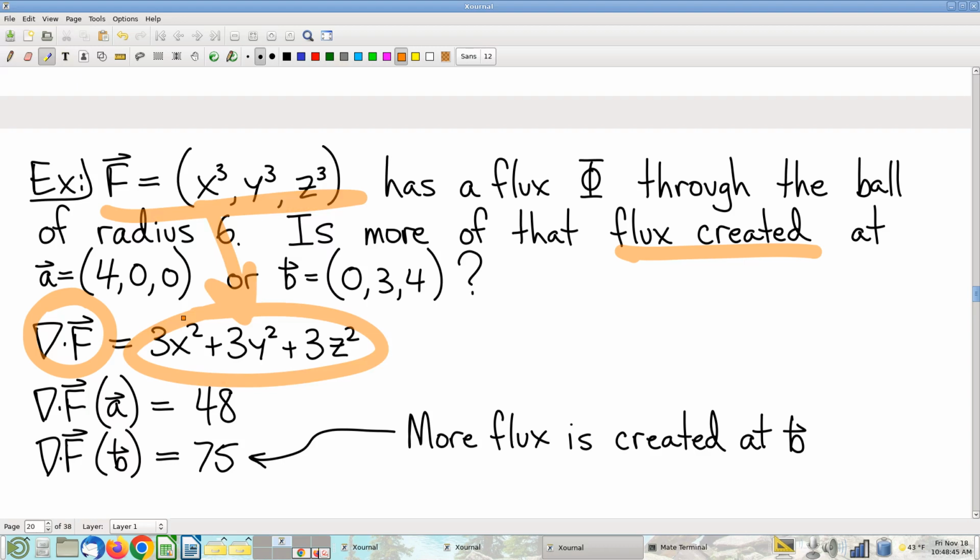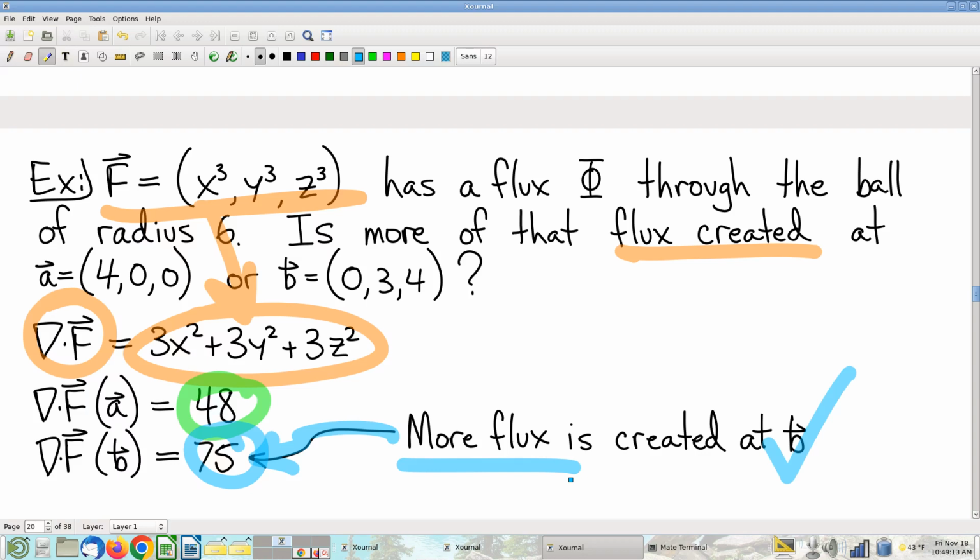Make sure, of course, that you can crank out those partials and that you know the proper formula for divergence. And anyway, there's our flux density, and the values at these two different points are, well, I've got 48 at the first point, and I've got 75 at the second point. And B then is the point where there's more flux being created.